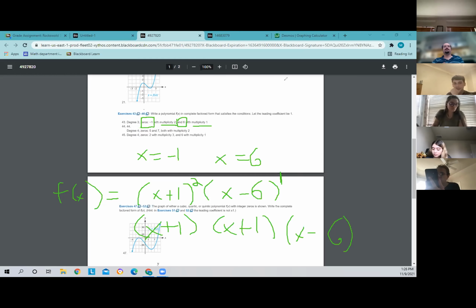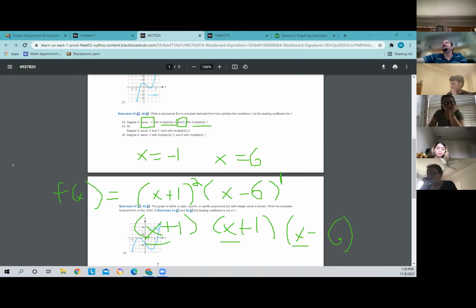I have a question. So I could leave it as like f of x equals, x plus 1 squared, and then x minus 6. I wouldn't have to simplify the x plus 1 squared out. No, I was just expanding this so that people could maybe see that when we multiply these 3 leading terms, we're going to get an x cubed out of this thing.